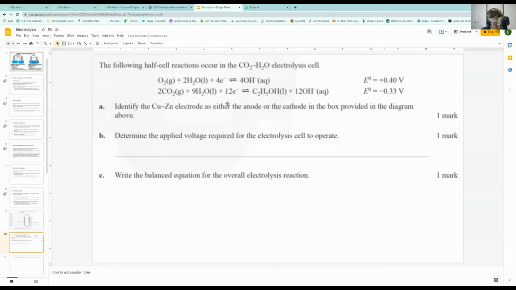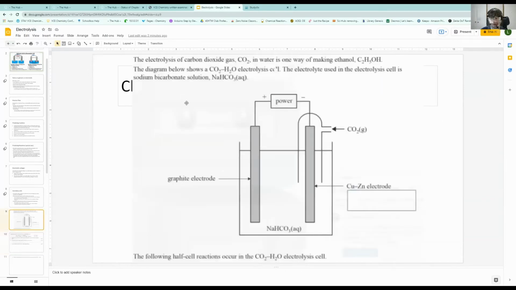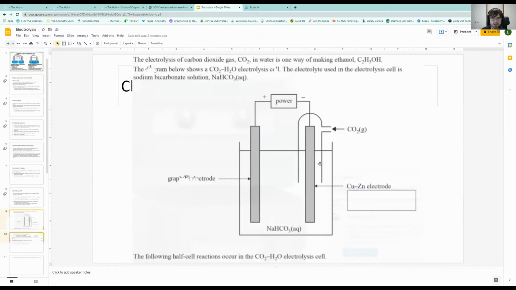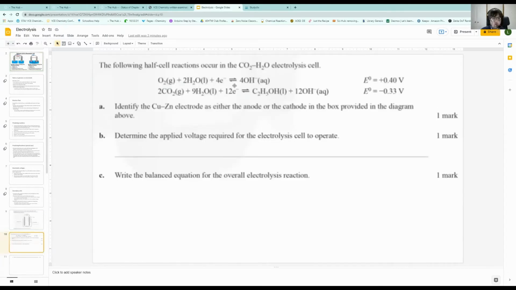We've already been told that there's no other reactions. So we're going to have the carbon dioxide reacting. And what do we have at the other end? If the carbon dioxide is being reduced, which is a pretty logical assumption, given that it's a carbon dioxide cell, why else would you be bubbling carbon dioxide into it? We know that the hydroxide on the other side will be being oxidized.